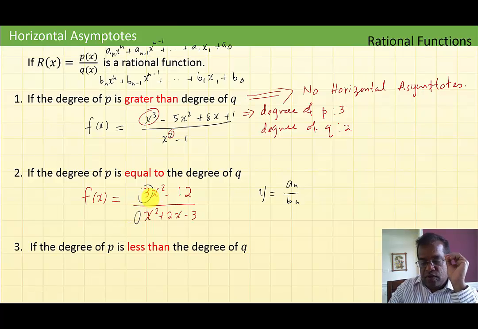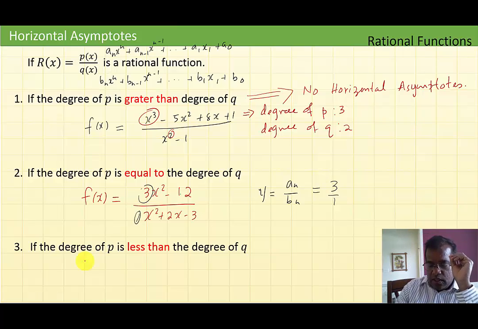So the leading coefficient of this one is 3. The leading coefficient of the denominator is actually 1. x squared means 1x squared. So if I graph this one, we'll get the horizontal asymptote y equal to 3.